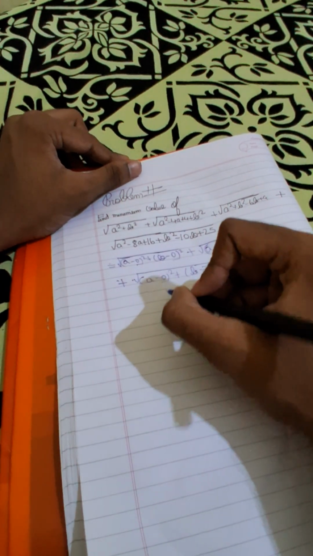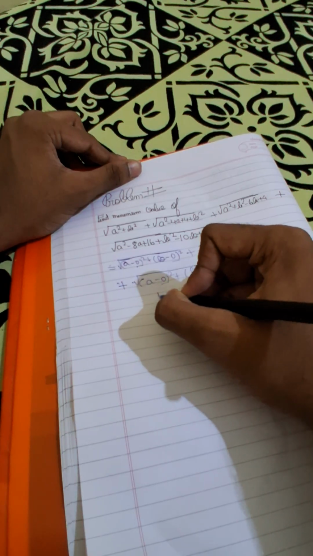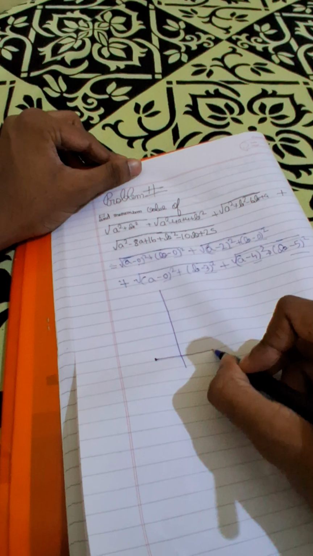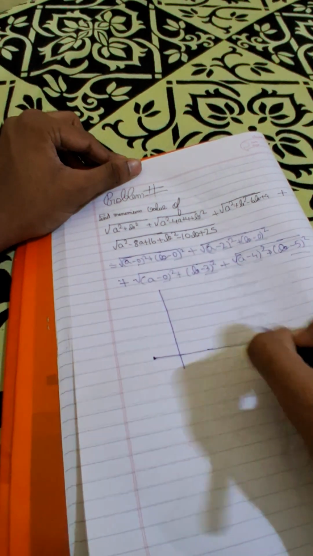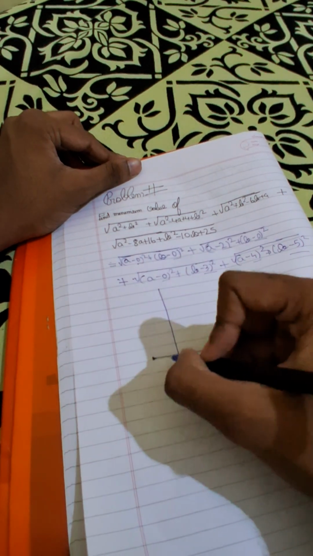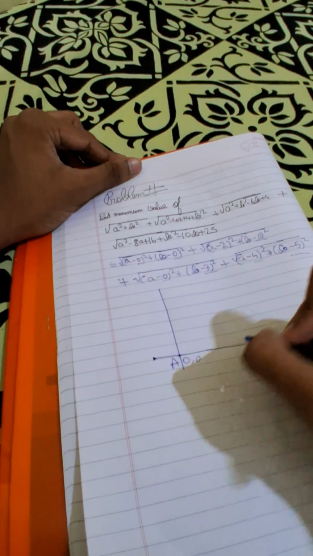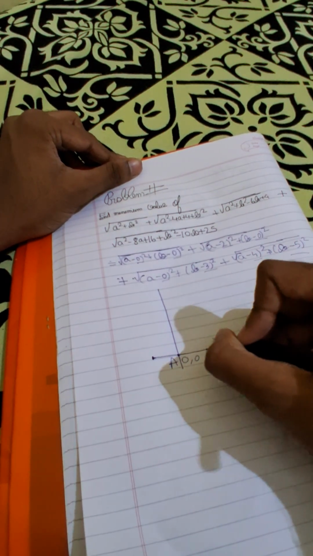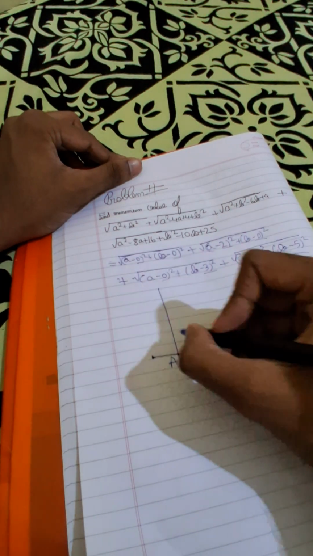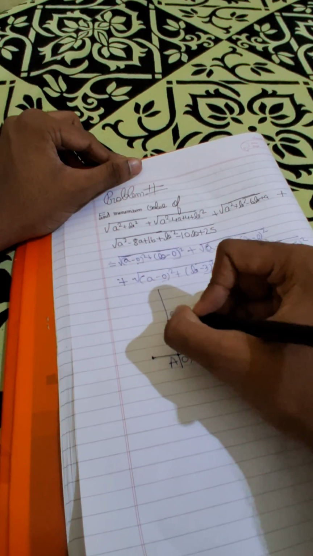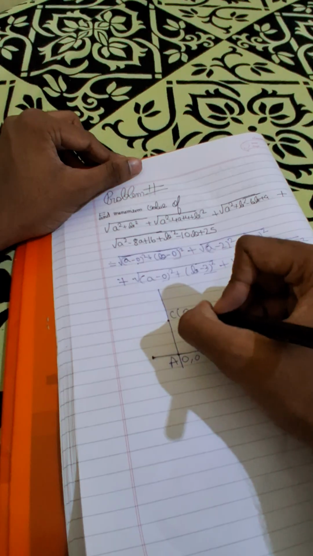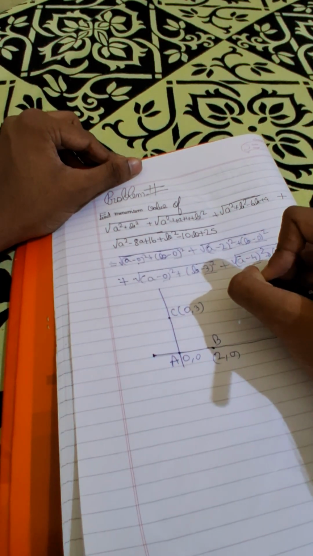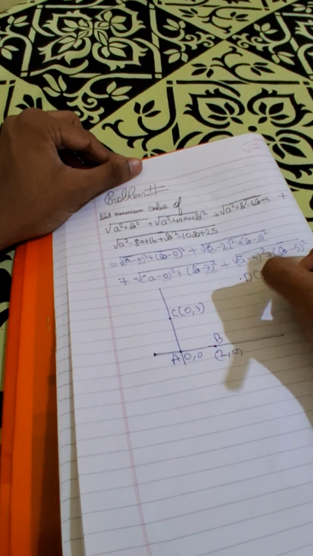So let's draw a simple coordinate plane. This is (0, 0), let's say this is A, and then we have (2, 0), let's say this point is B, then we have the point (0, 3), let's say this point is C, and then D, let's say it's (4, 5).